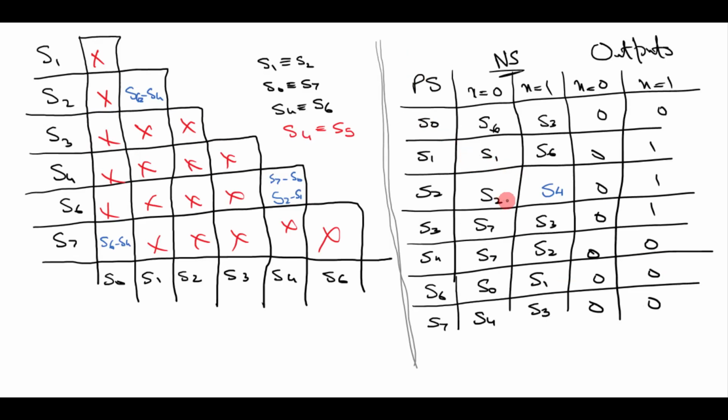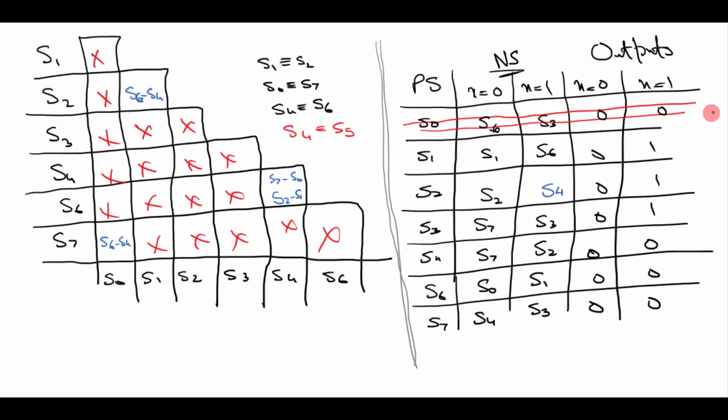Now let us delete more entries from the state transition table, which you have already reduced by one row. You have removed S5. Now let us remove other equivalent states. As you can see, S0 and S7 are equivalent. I am deleting this S0.